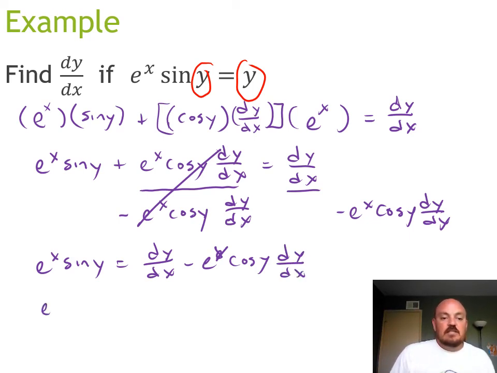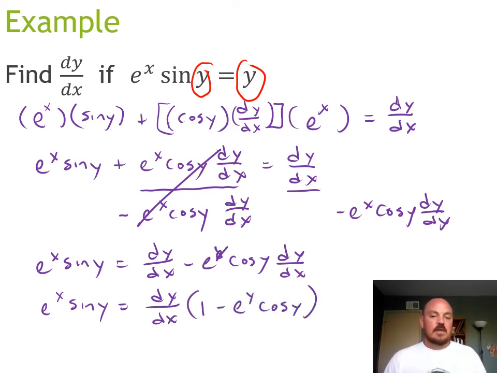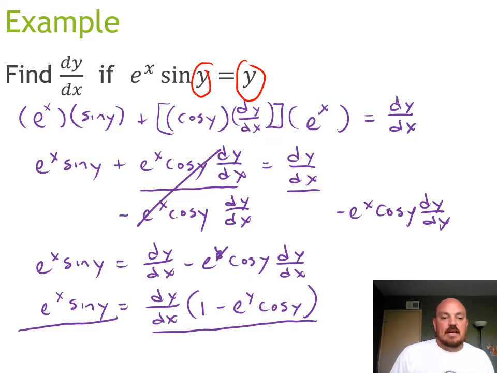So I'm going to leave e to the x sine y here, factor out dy dx, and it leaves me with 1 minus e to the x cosine y. And finally, we are one step away from being finished. Once you factor out that dy dx, divide both sides by whatever is left over inside the parentheses to cancel that out.